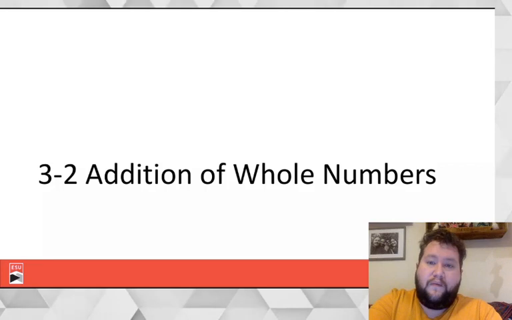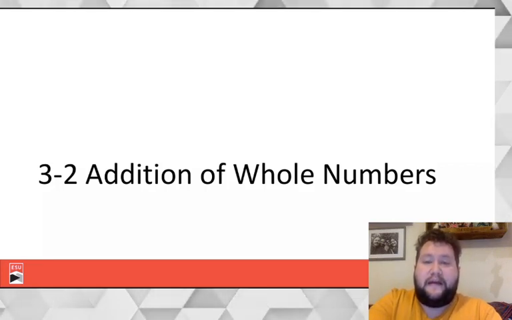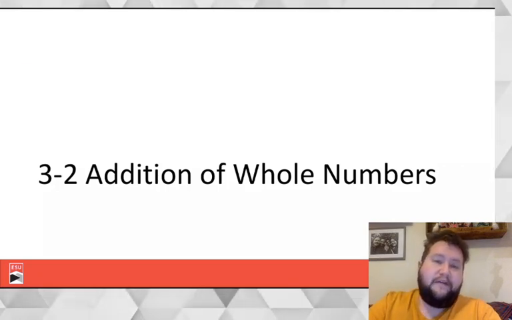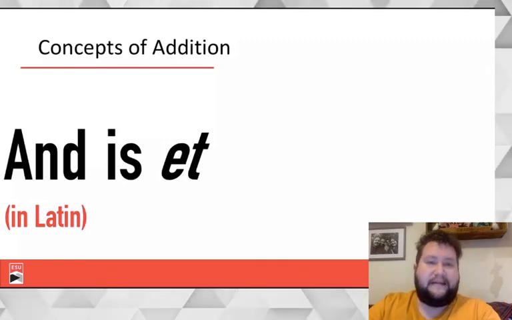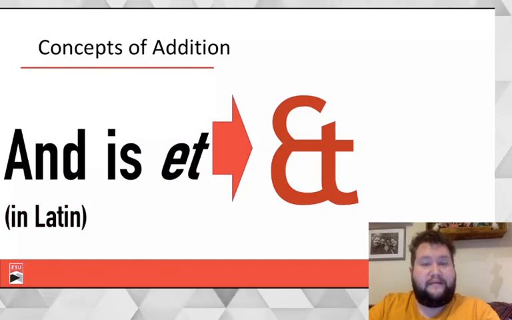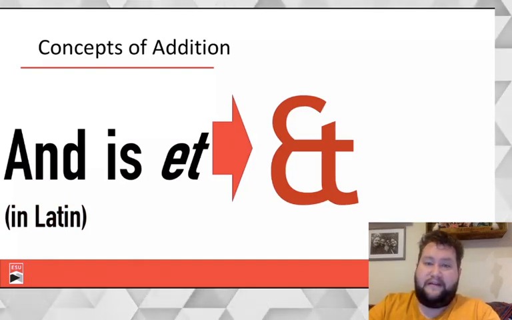Once we have the concept of a number, of a quantity, it often makes sense to put numbers together. So a little bit of history. And is et in Latin. And et, when typed or written quickly, looks like that.